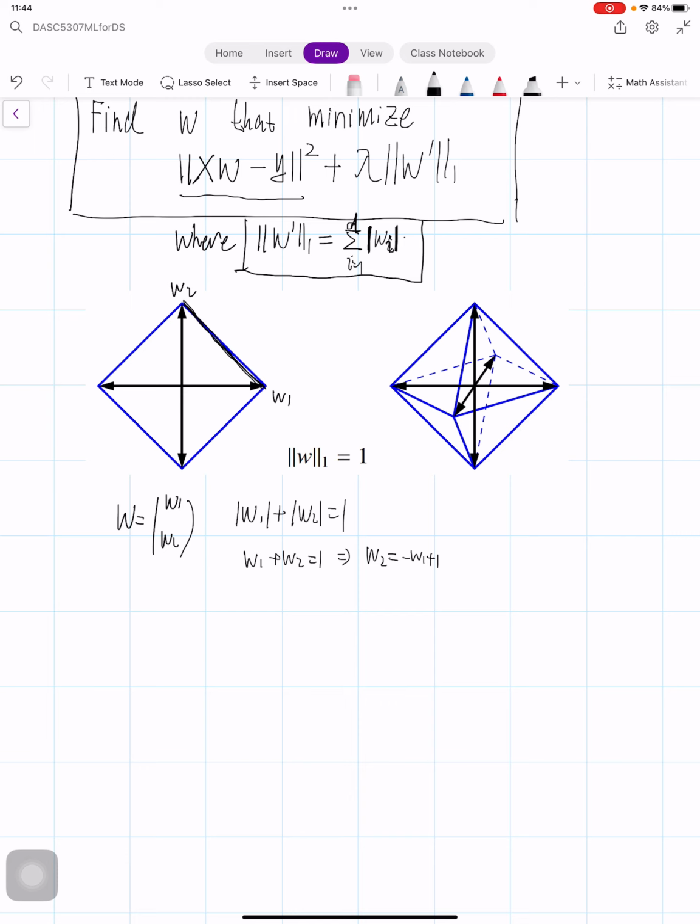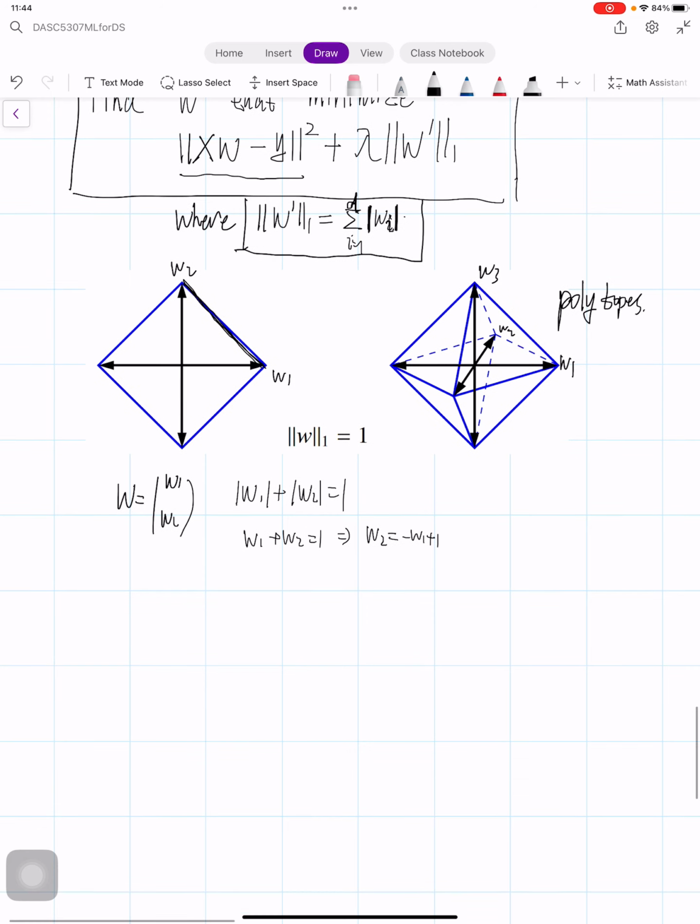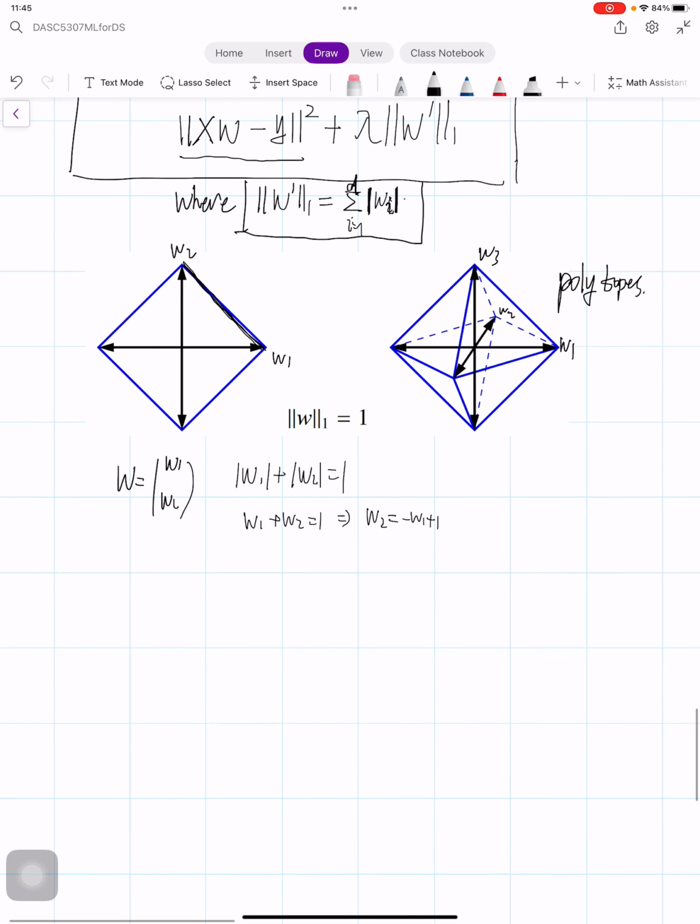If you have dimension more than 2, you have polytopes. For example, in 3 dimensions, suppose these are W1, W2, W3, this is our iso-surface for the L1 norm.